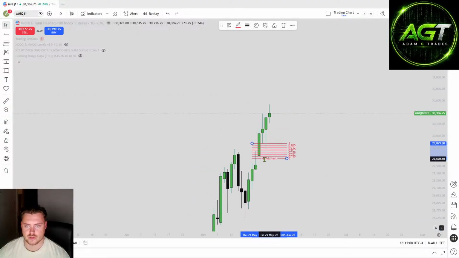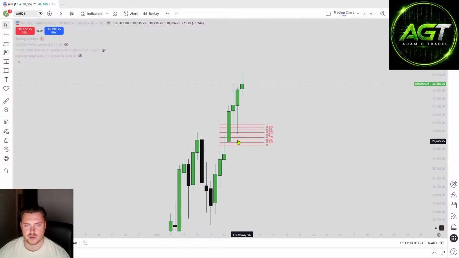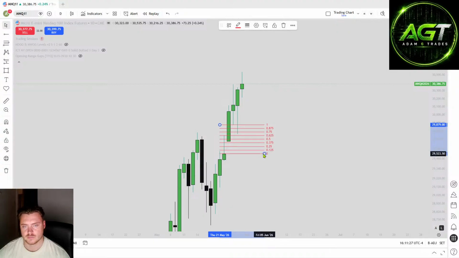We go back to, so say you have a fair value gap. I don't know if I've covered this yet, I can't quite remember. If you have a fair value gap, you've got to incorporate the volume imbalance with the fair value gap. So you draw it all the way down like that.